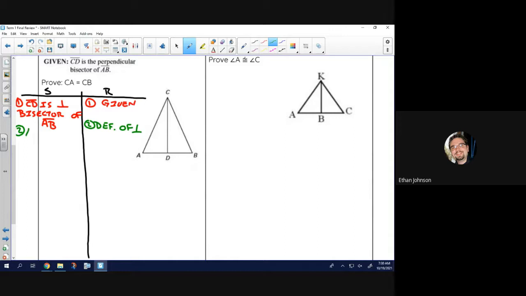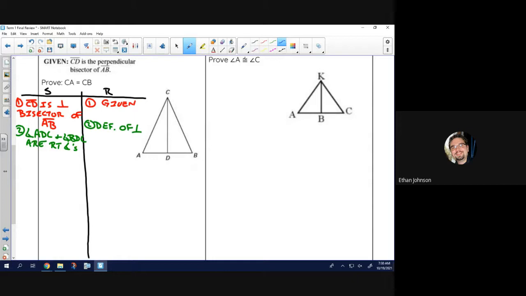So I know angle ADC and angle BDC are right angles. So we have two right angles.